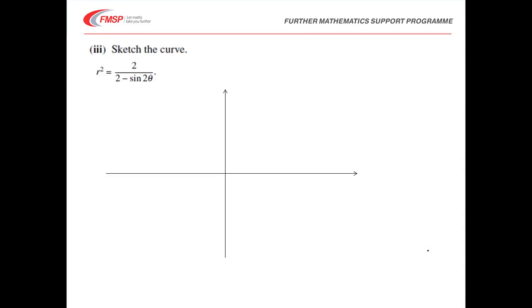Now we need to sketch the curve, and we need to use what we've done before. The maximum values of r are when theta is pi over 4 or 5 pi over 4, so it'll lie on there, and the minimum values will be on that axis there. So what we have is an ellipse with its major axis on that diagonal line x equals y.